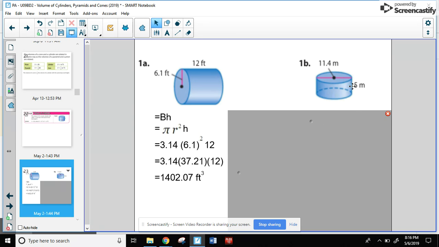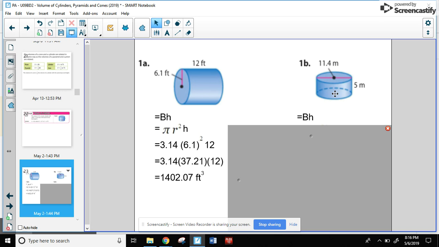So why don't you try it with this one? So we have a diameter here. See the pink line? It goes all the way across. So diameter is 11.4, and my height is 5, because it's standing from base to base, and the distance between those two bases is 5 meters. So I'm going to use the same formula again.